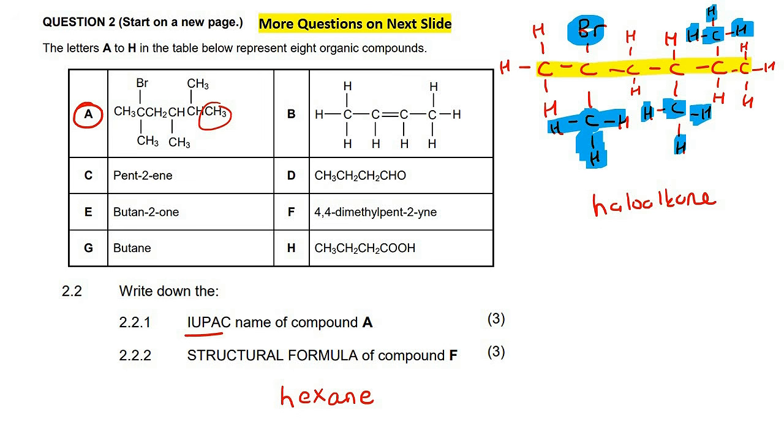But with a haloalkane, you don't necessarily name it from the side that's closest to the functional group. You name it just like you would name a normal alkane, where you try and make the branch numbers as low as possible. It's weird, right? But that's what happens with haloalkanes.